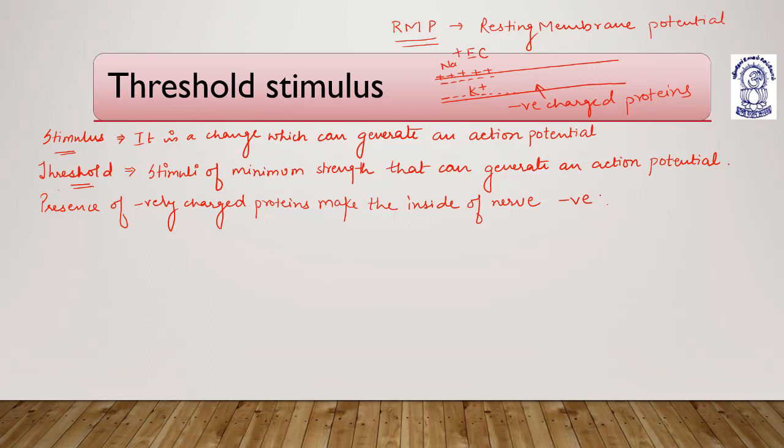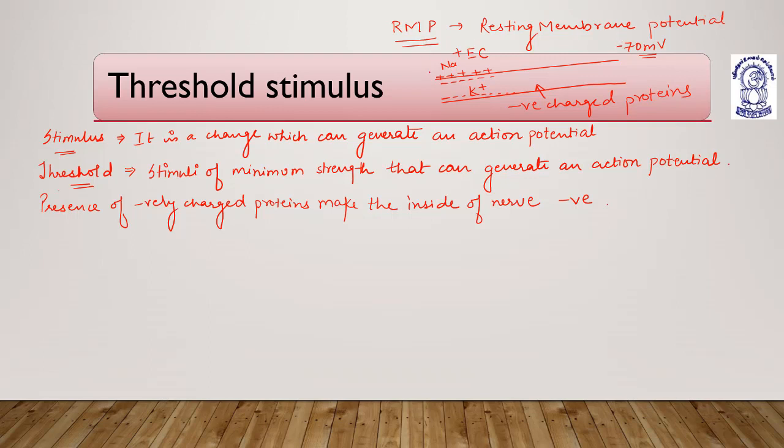Now, the moment this nerve receives a message, the message is received in the form of either chemical stimuli or nerve stimuli. The stimuli can come through the sensory organs or sensory receptors, whether it is proprioception, olfaction, vision, anything. So the membrane at resting stage, suppose the resting membrane potential is minus 70 millivolts. I'm talking about a skeletal nerve. So the resting membrane potential is minus 70 millivolts.